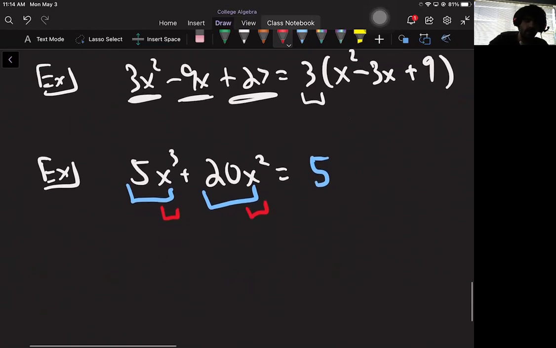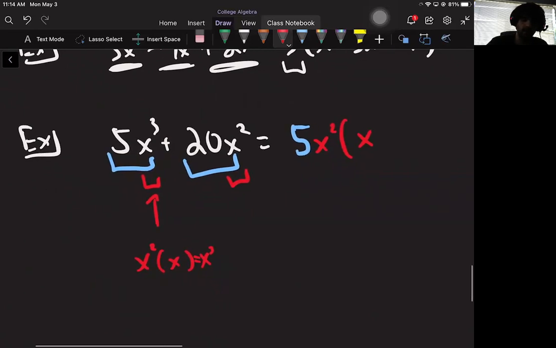An x squared goes into x cubed how many times? Just one more x is all you need. So when I take out an x squared, there will still be one of the x's left. And I took out the 5, so there won't be any more numbers there.